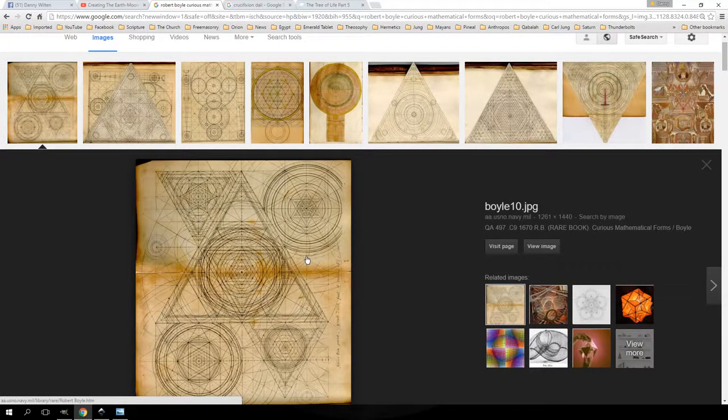But this particular geometry that we see right here, unless you know what you're looking at, it just looks like pretty designs, but there's something to it. And this video is going to basically introduce you to what I've been looking at with Robert Boyle, because of the patterns and things that I've noticed that I've seen in architecture, and I'll even show you that this same type of thing that we're seeing right here is going to also be found in the real bona fide crop circles and the geometrical patterns that we see there.